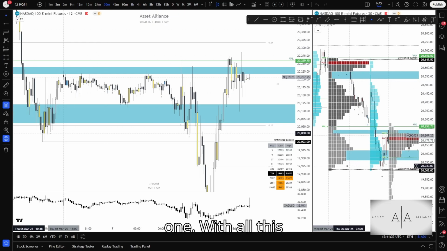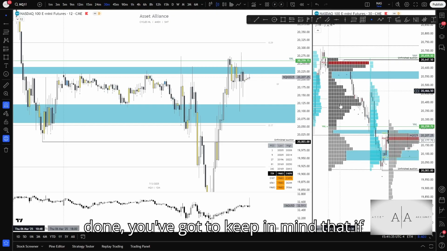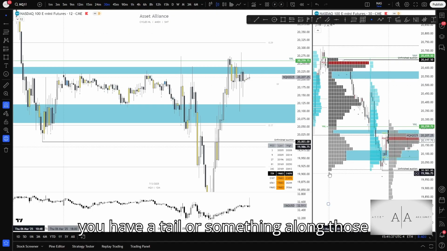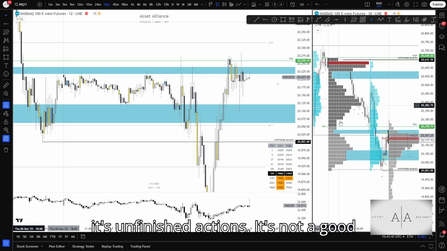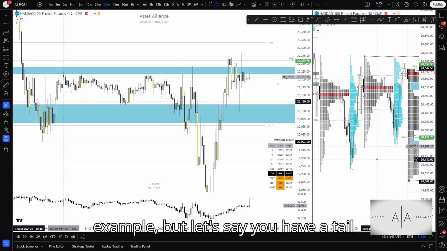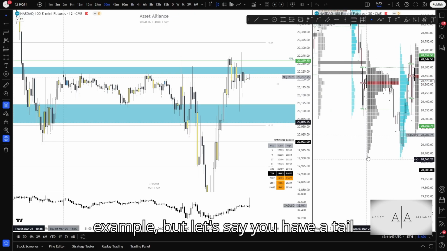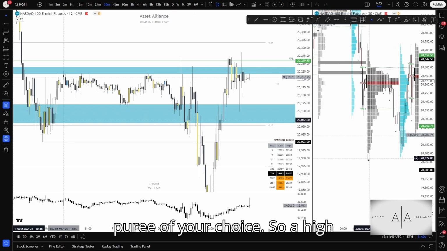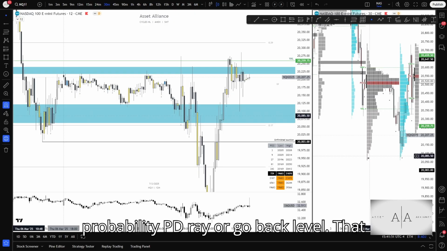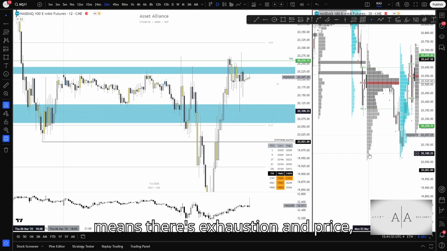With all this done, you got to keep in mind that if you have a tail or something along those lines getting created, so here it's unfinished auctions, it's not a good example, but let's say you have a tail like this getting created at a PD array of your choice, so a high probability PD array or Goldbach level, that means there's exhaustion in price, right?